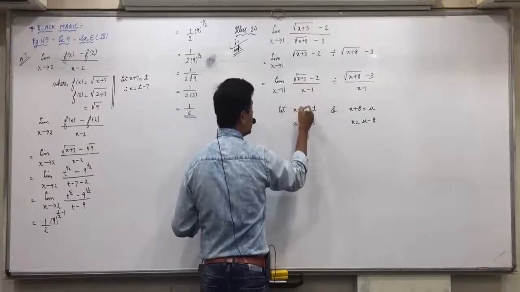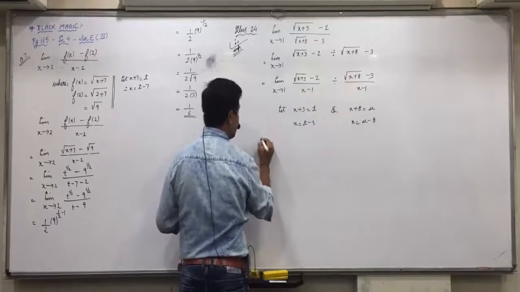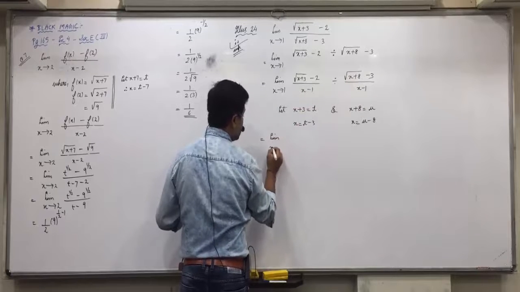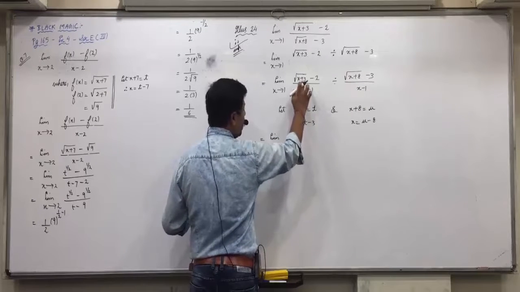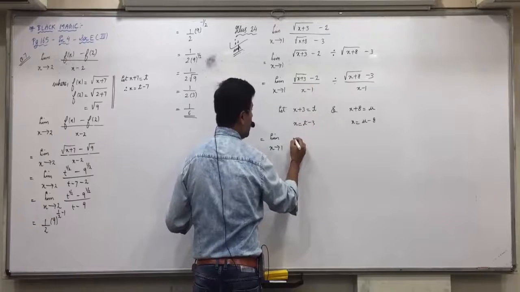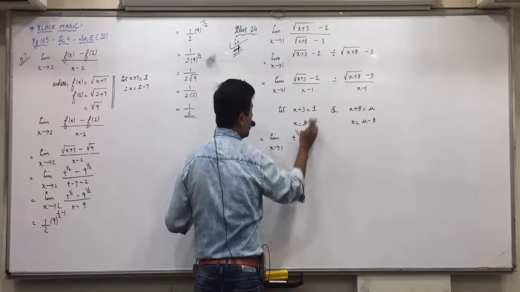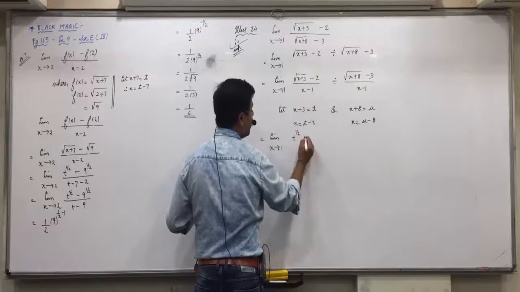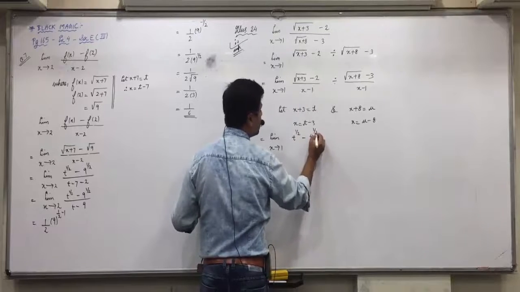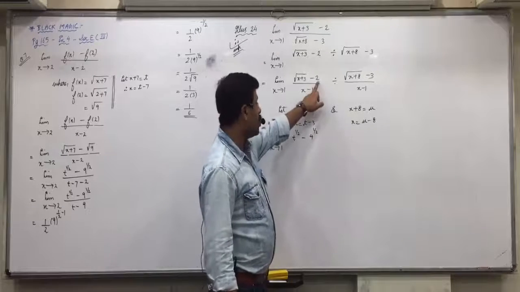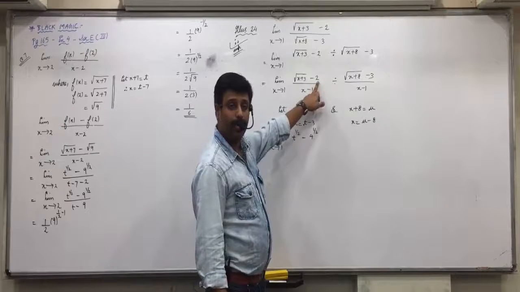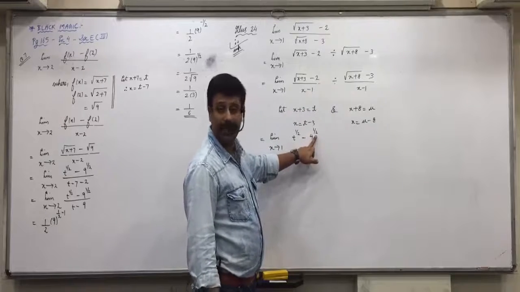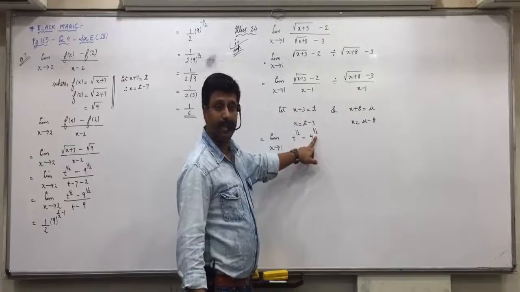This is for x plus 3 and this is for x plus 8. Now limit x tends to 1. In place of x plus 3 I can write t raised to 1 by 2, and 2 will be square root of 4, so 4 raised to 1 by 2. Is it fine? Any confusions with this? Raise your hand.